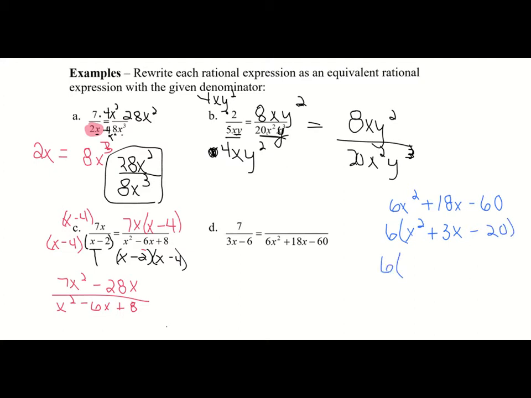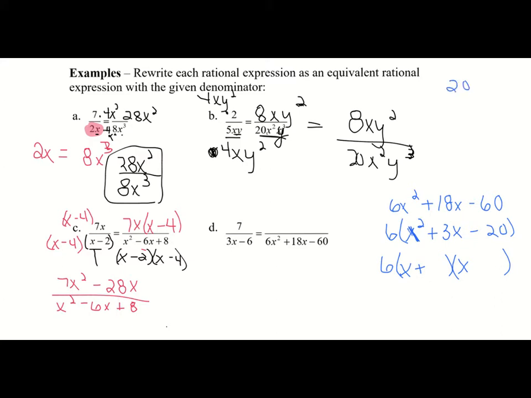And then we can factor that inside. Let's see here. I want 5 and 4 because I need to get 3. So let me erase that. So we need to make it 20, and it has to add to 3.